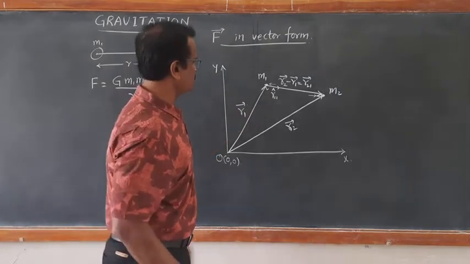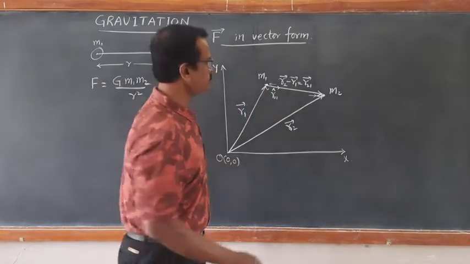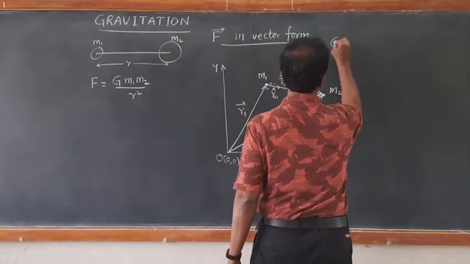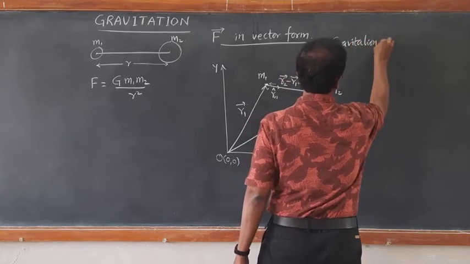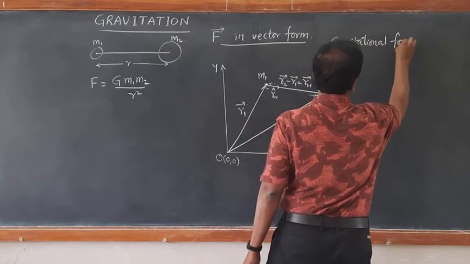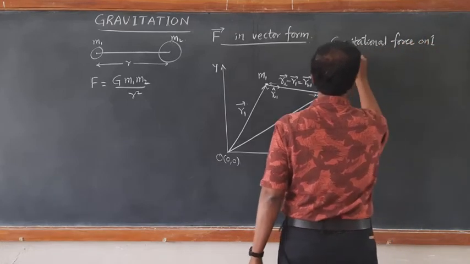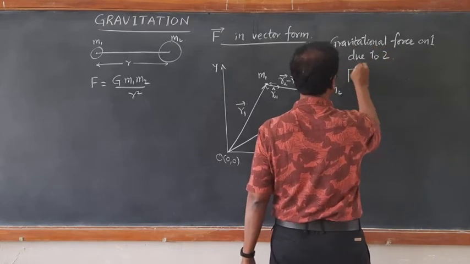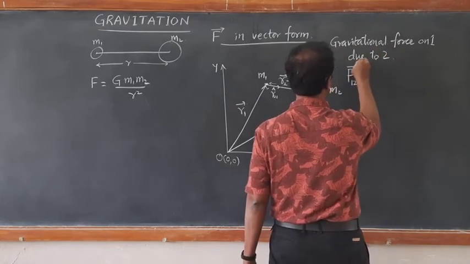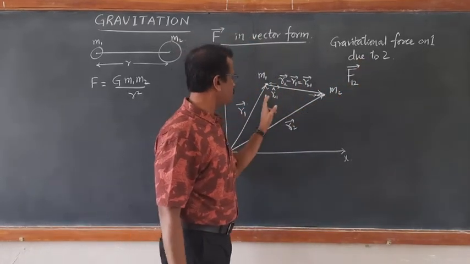So we have to write this information in the form of an equation. Let us first write the gravitational force exerted on 1 due to 2. I will write it as F12. Remember how to read it: F12, force on 1 due to 2.